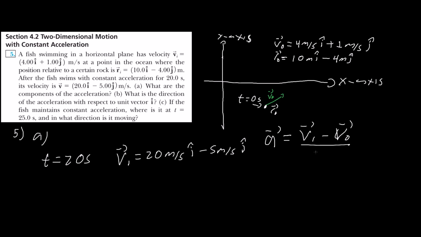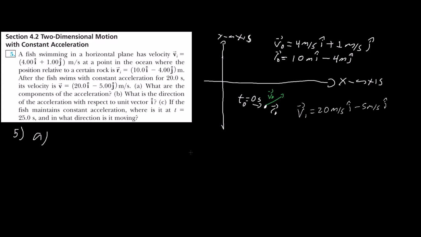You could say t1 and t naught. So I'm going to say t1 minus t naught just to make it complete. Beautiful. All right, let's do the math. So the change in the j component is negative 5 minus 1, so that's negative 6 meters per second in the j hat direction.